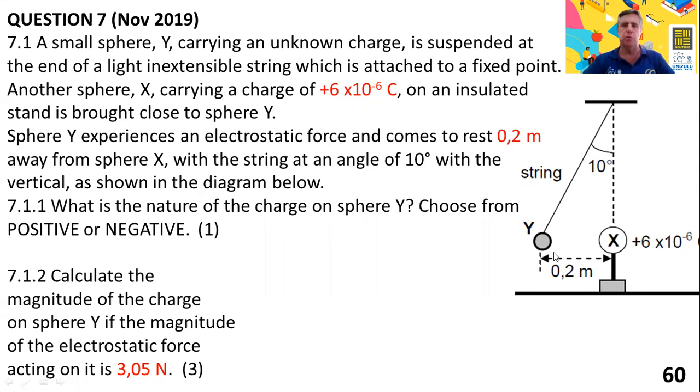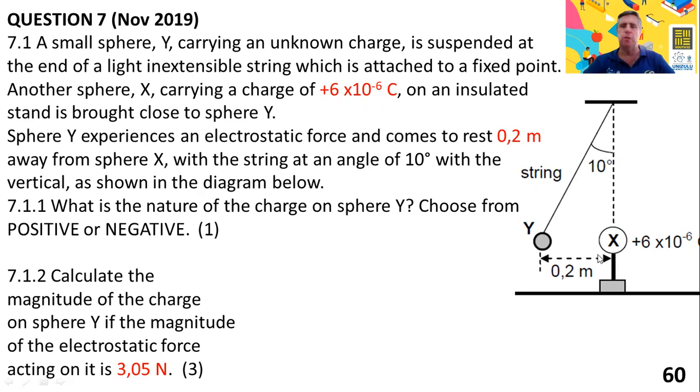You're told that a small sphere Y carrying an unknown charge is suspended at the end of a thin light string attached to a fixed point like the roof. Another sphere X carrying a charge of 6 times 10 to the minus 6 coulombs is on an insulated stand and it's brought close.